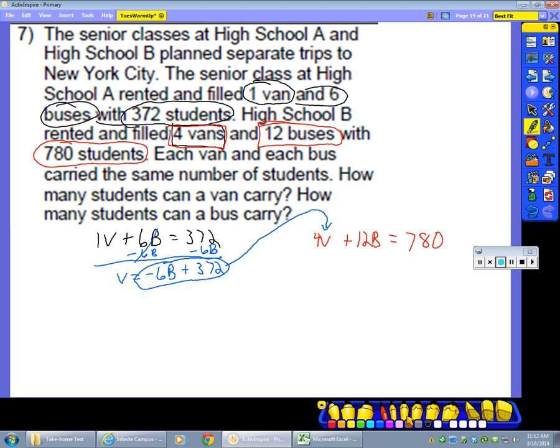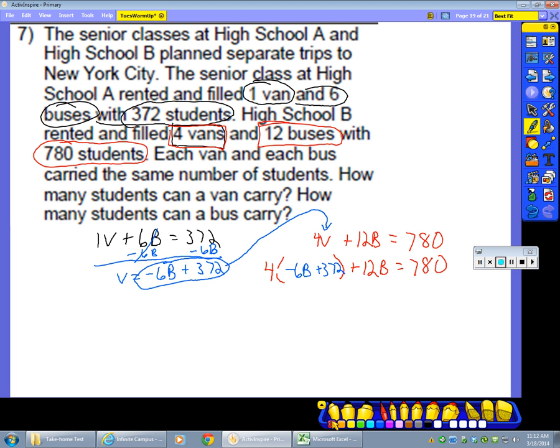My equation is going to look like this: 4 times parentheses plus 12b equals 780. Now I'm going to put in for van negative 6b plus 372.